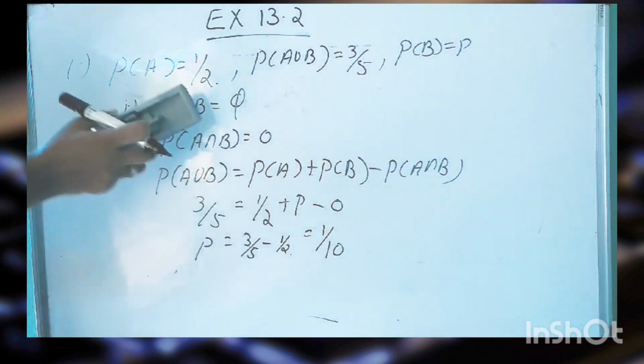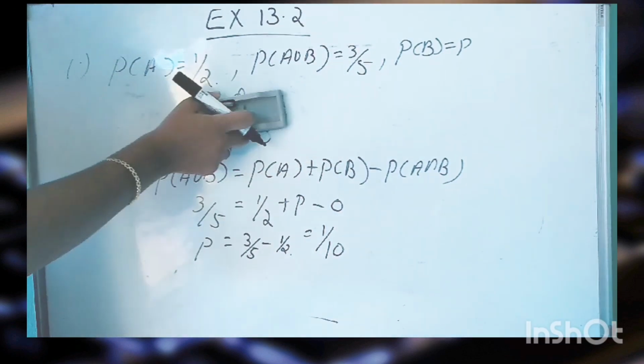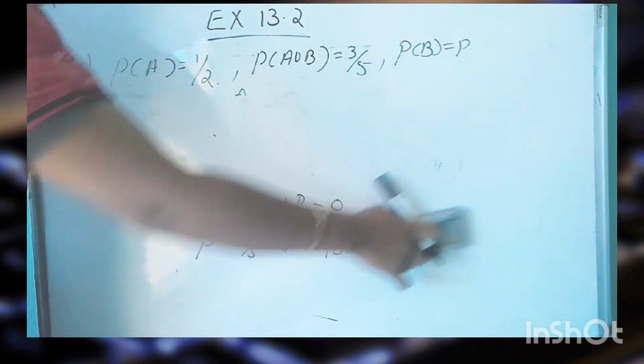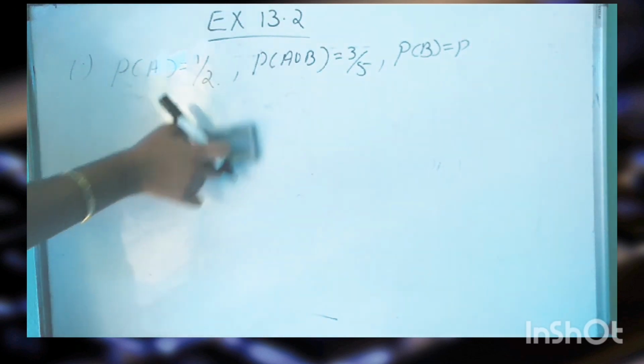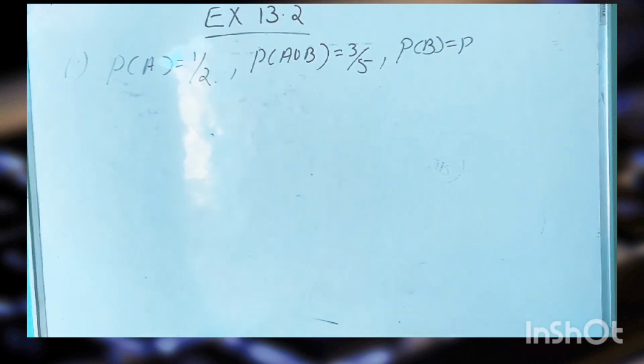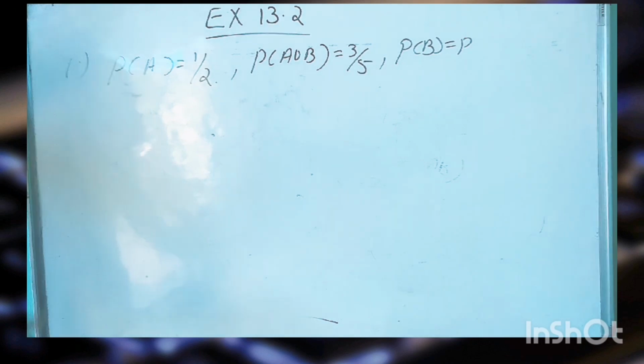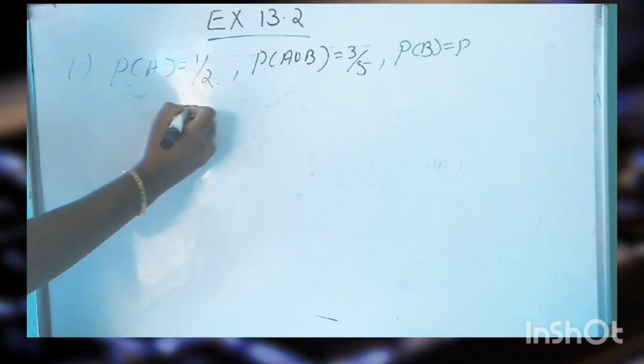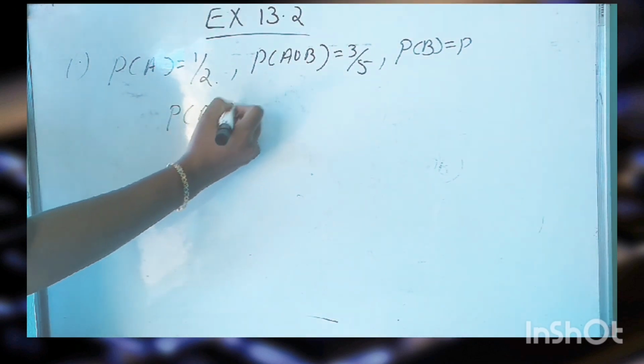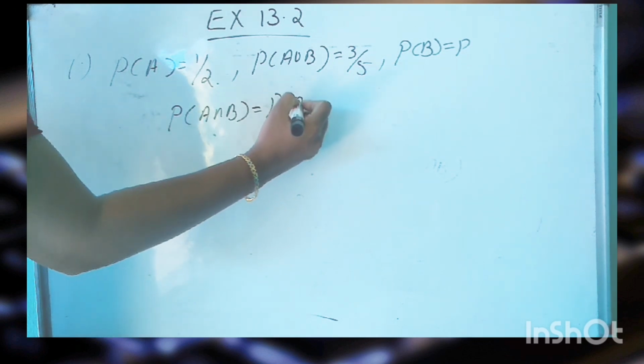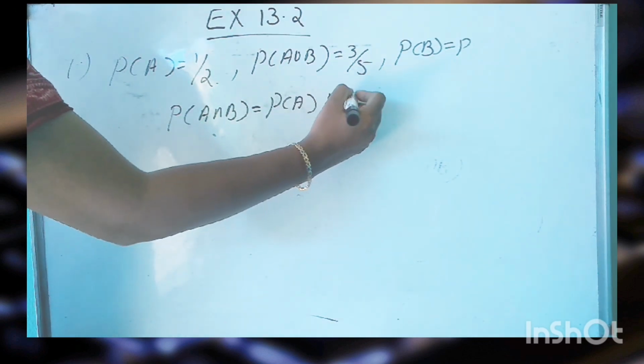Now the second condition is A and B are independent events. If A and B are independent, then P of A intersection B is equal to P of A into P of B, right?